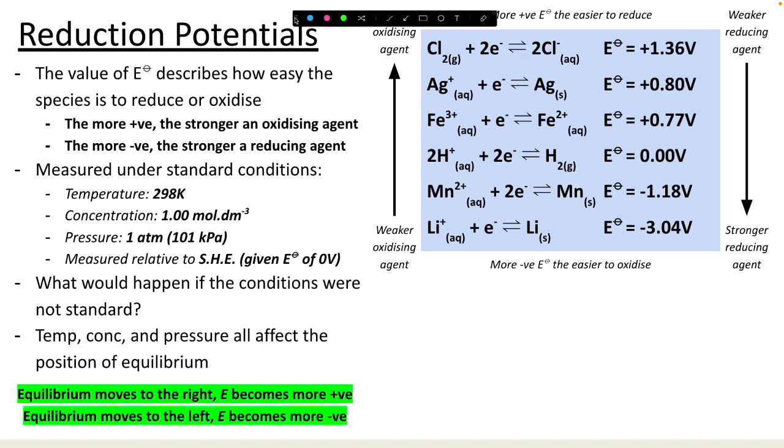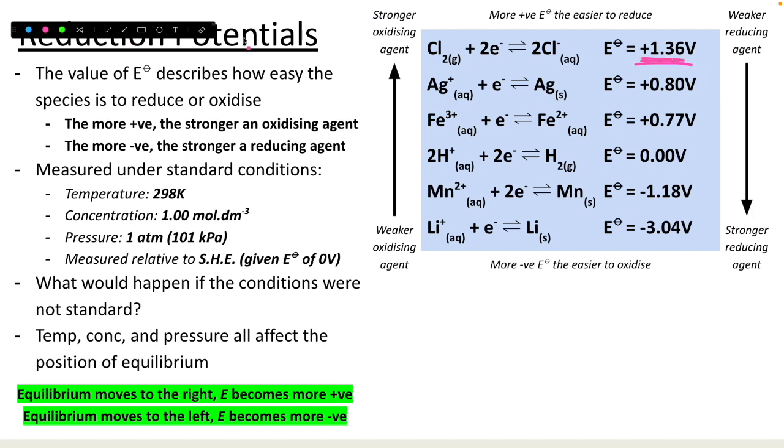Well, let's remind ourselves what these values are telling us. A positive value tells us that we're favoring the products. It's implying that it wants to be in the reduced form, so the position of equilibrium is lying very much over to the right-hand side. So if we move that equilibrium further to the right, that value becomes more and more positive.